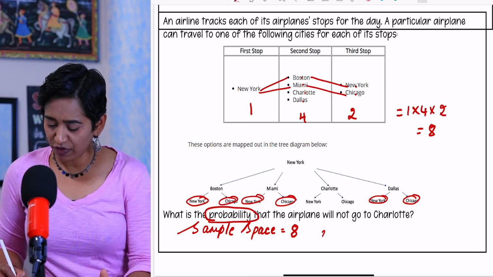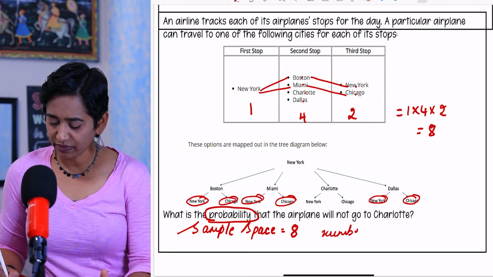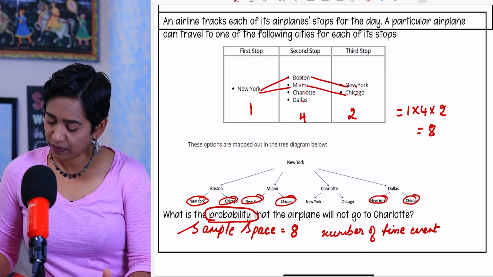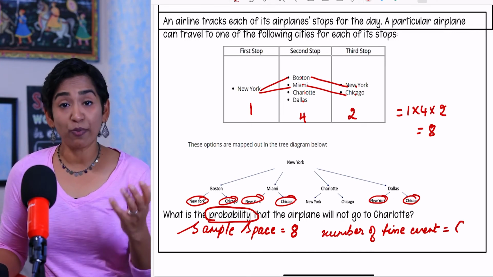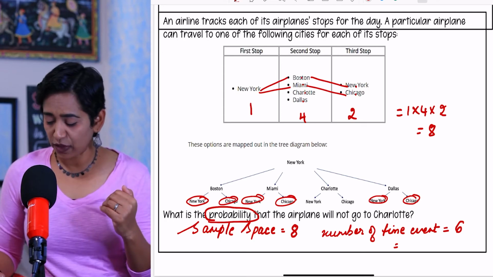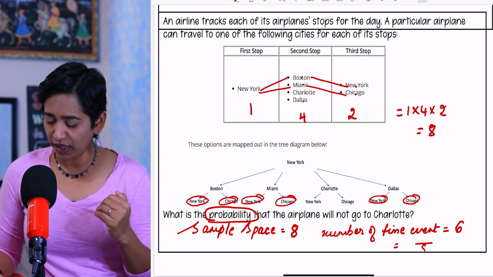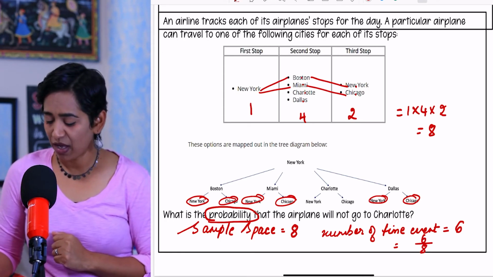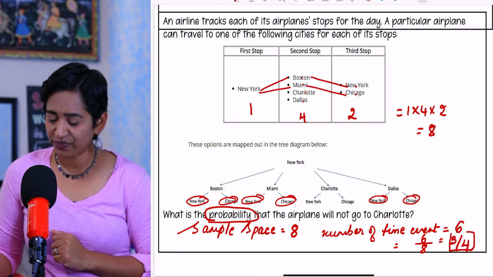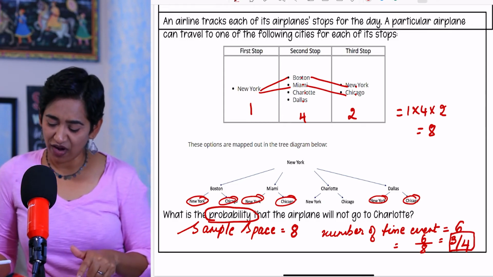So the number of times the event is happening is 6. So my probability will be simply sample space on the bottom with the number of times the event at the top, which is 6 over 8, which is 3 over 4, your final answer. Fair enough? All right.